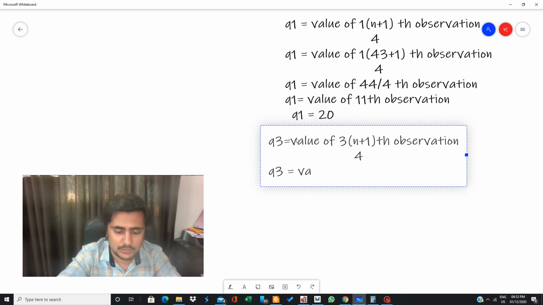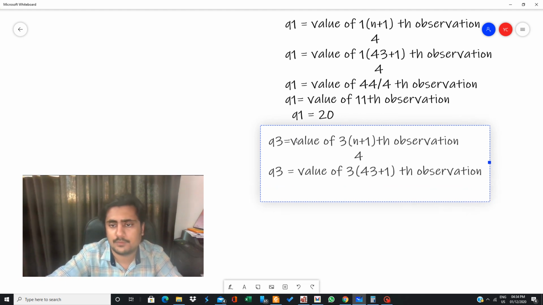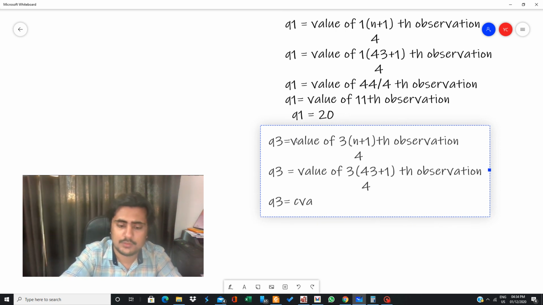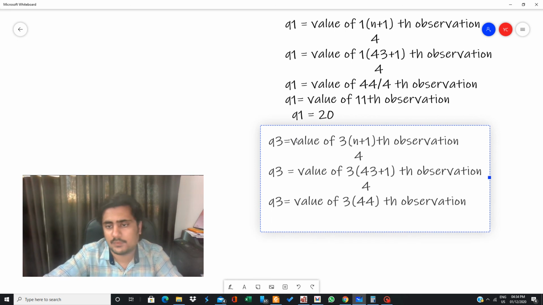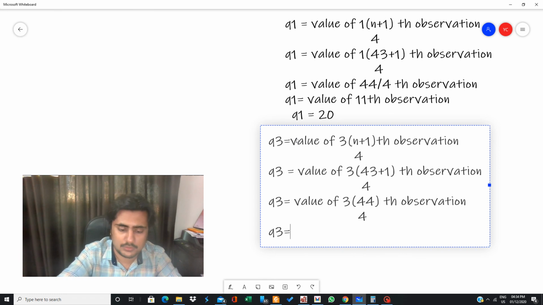Q3 is value of 3 into 43 plus 1 upon 4. Now this Q3 is value of 3 into 44 by 4. Now this Q3 is value of 33rd observation.